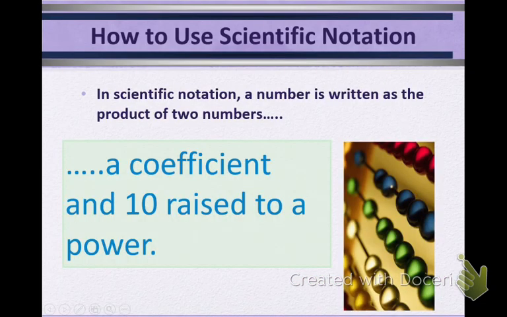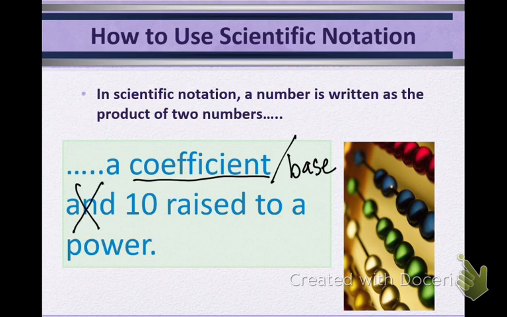So here's the basics of how to write scientific notation. In scientific notation, a number is written as the product of 2 numbers. The basic format is, we have a coefficient, or I call it your base number, and then that base number is multiplied, and I'm going to put a multiplication sign right there, by a power of 10.